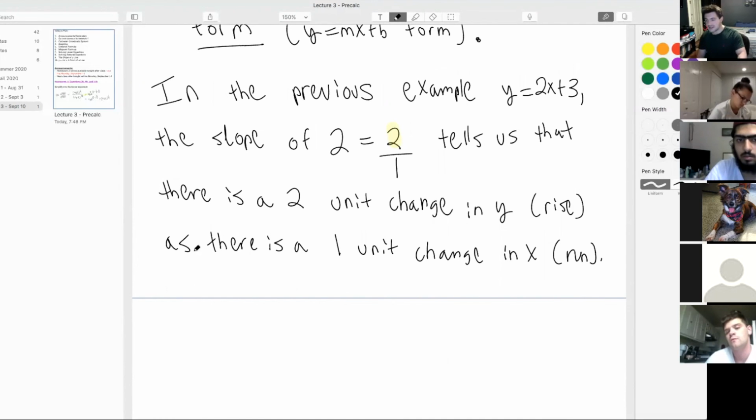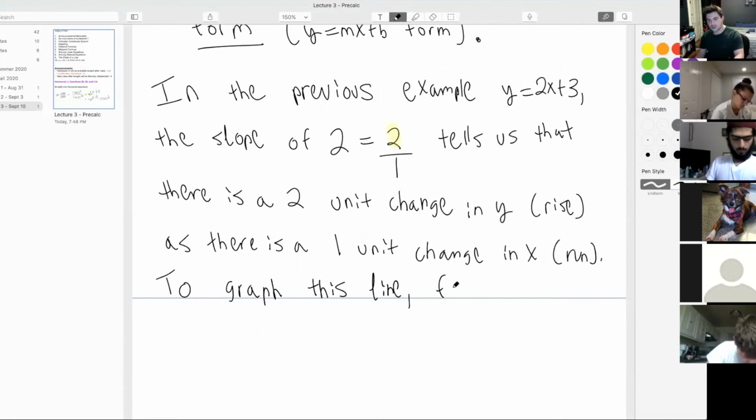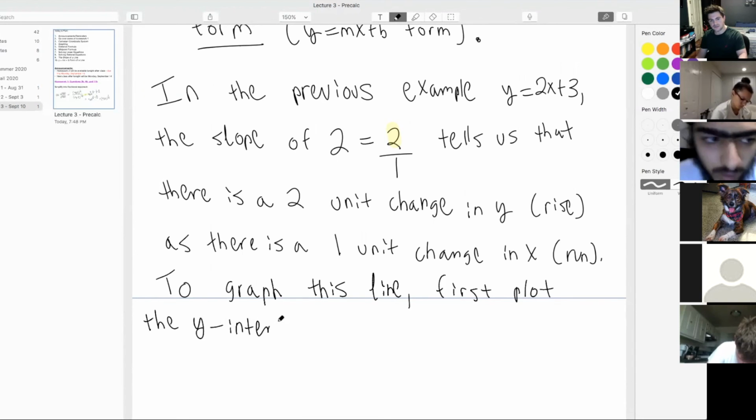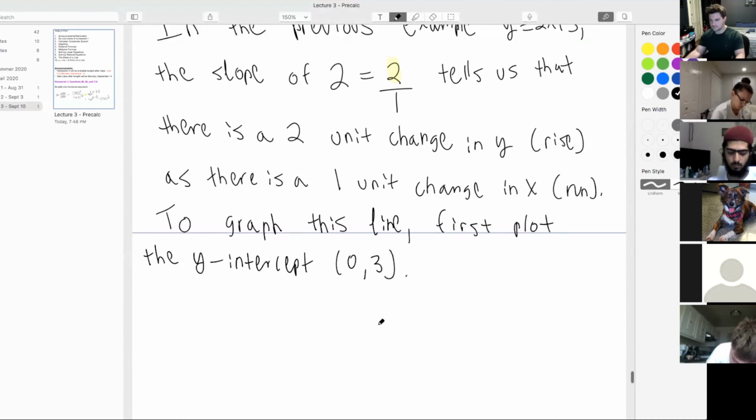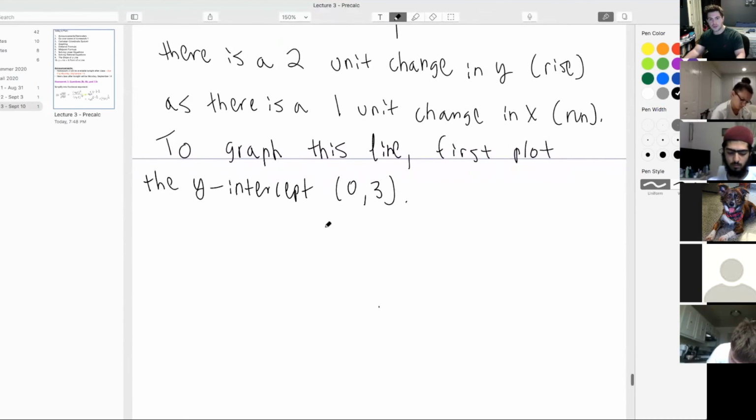All right, so how do we graph this line? Okay, so here we go. To graph this line, first plot the y-intercept. We figured out the y-intercept was 0, 3. Actually, let me write first, and then we'll graph.